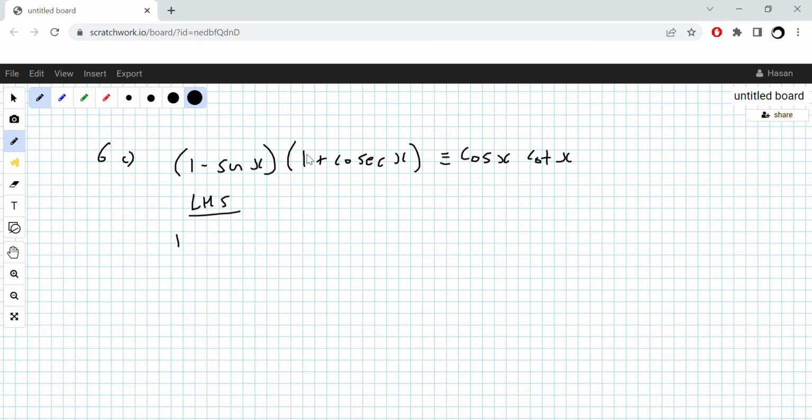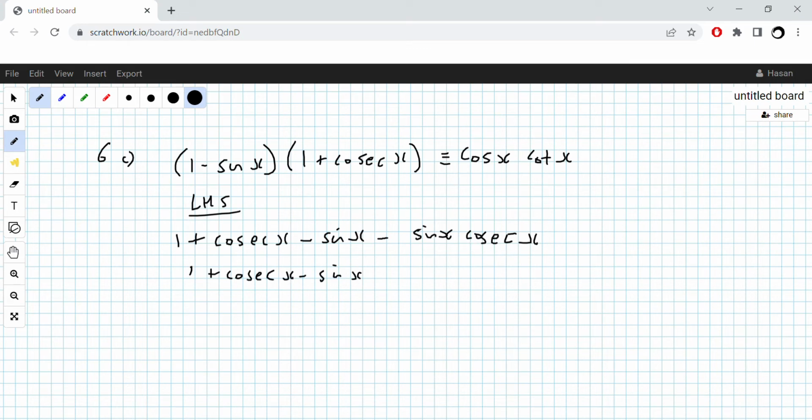That's 1 times 1 plus cosec x, so 1 plus cosec x, and then minus sin x times 1, so minus sin x, and then multiply sin x and cosec x, and as that's minus, that's going to be minus sin x cosec x.